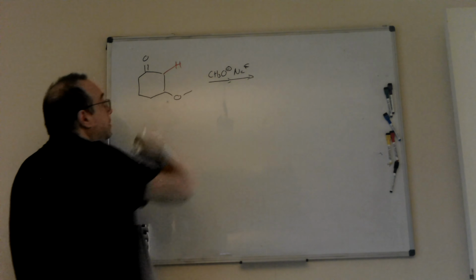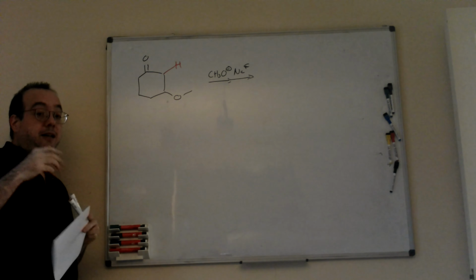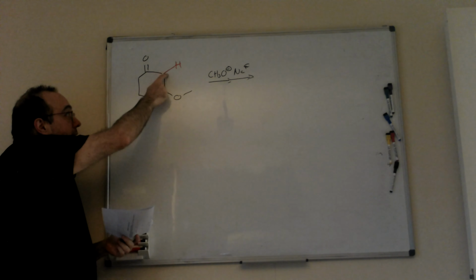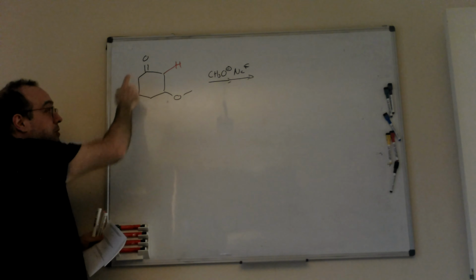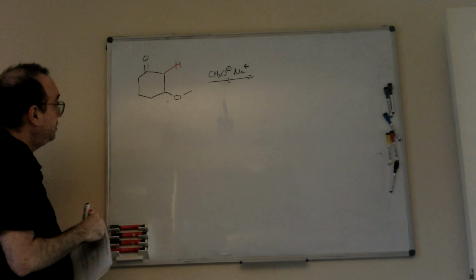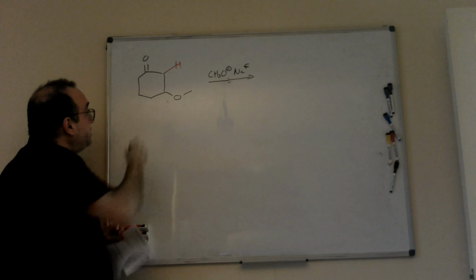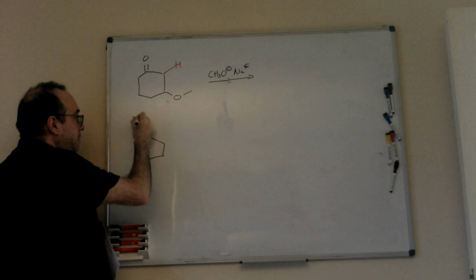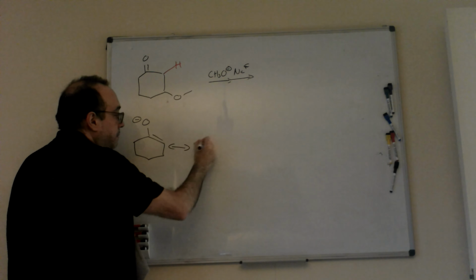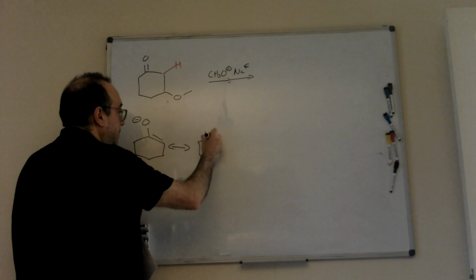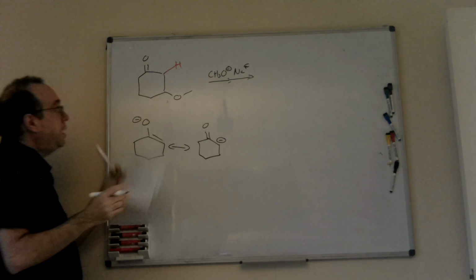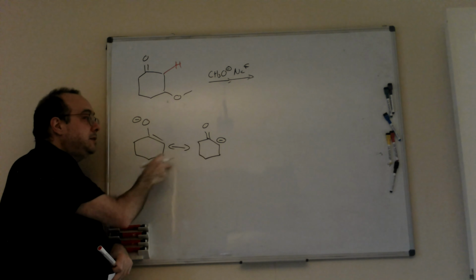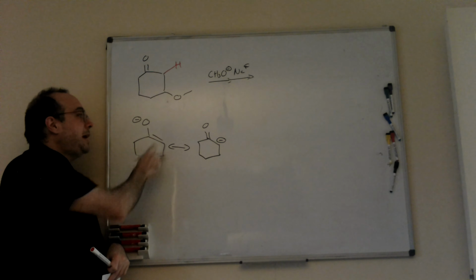Okay? Which proton do we have to take? We have to take an acidic proton. Which of these protons are acidic? This proton. Why this proton or this proton? Why these two protons? Because basically, when we take the proton, we generate this base, this enolate, this carbanion that is stabilized by resonance.